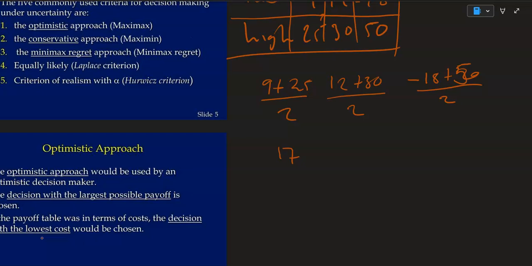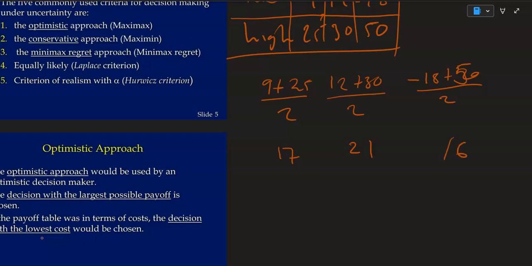That's 42. 42 divided by 2, that is 21, isn't it? 21. Then we have negative 18 plus 50. That gives us 32. 32 divided by 2, that's 16.